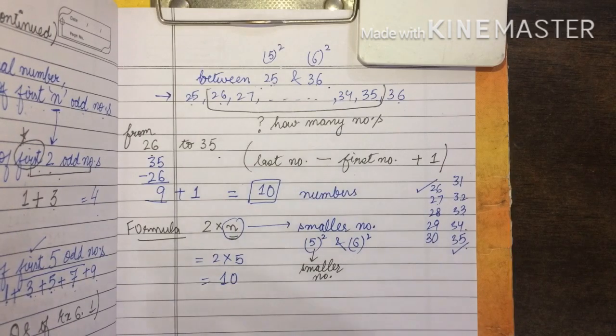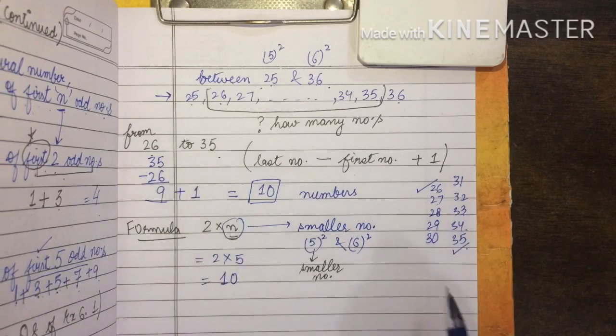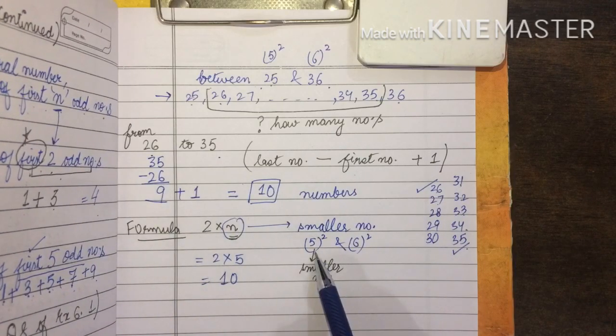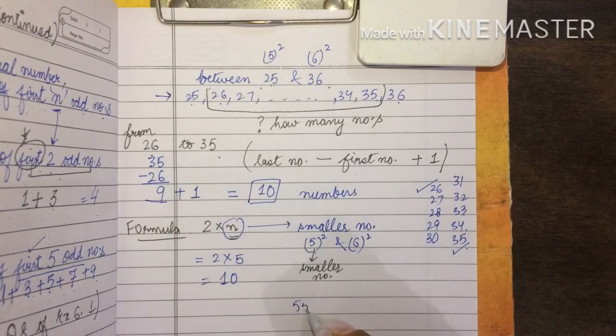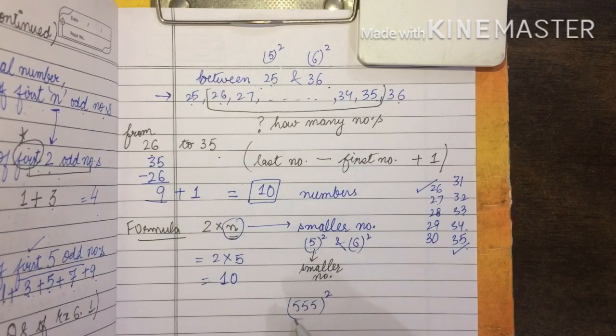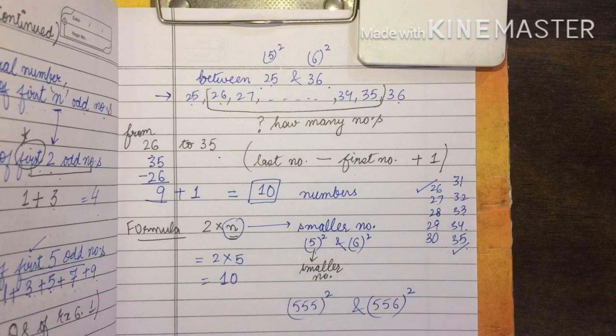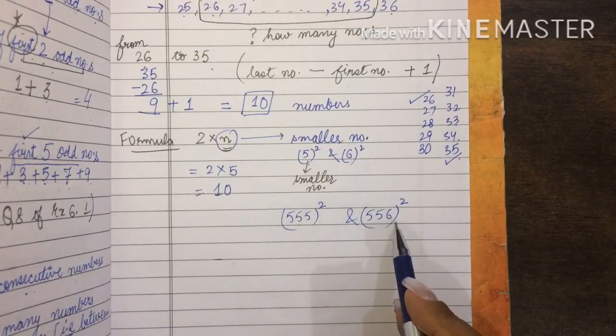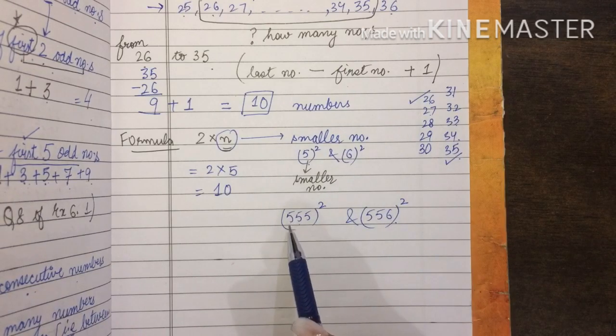Now the issue is, if the numbers are small, we can list them or use this. But if the numbers are large, what if I had asked how many numbers are there between the square of 555 and 556? I have taken 2 consecutive numbers, which come in the counting one after the other.